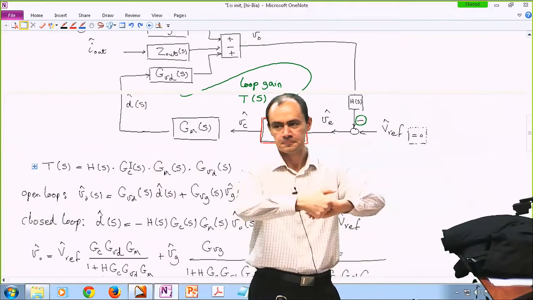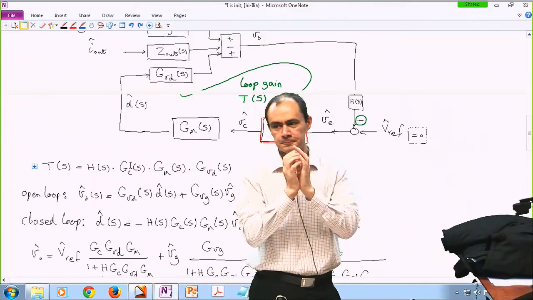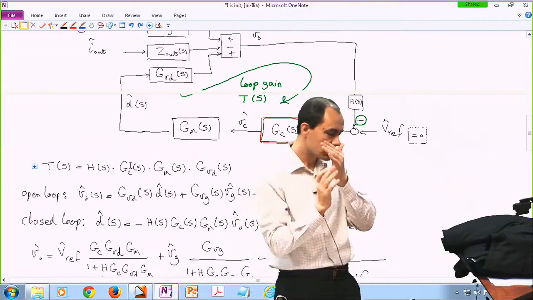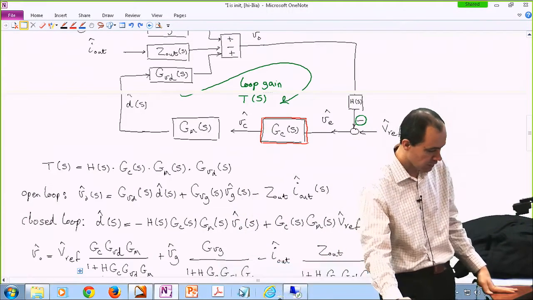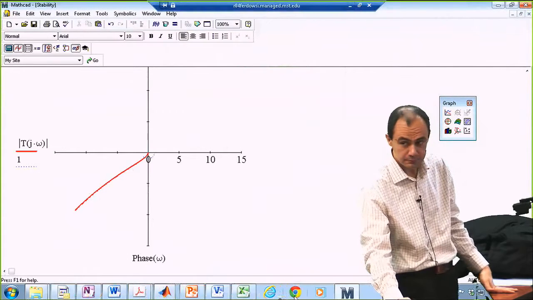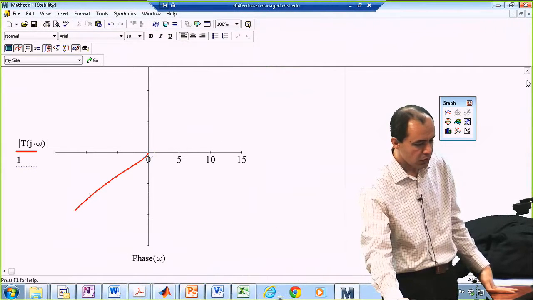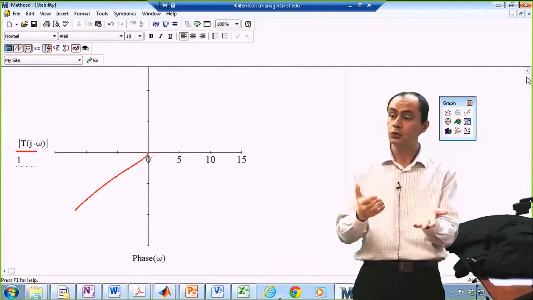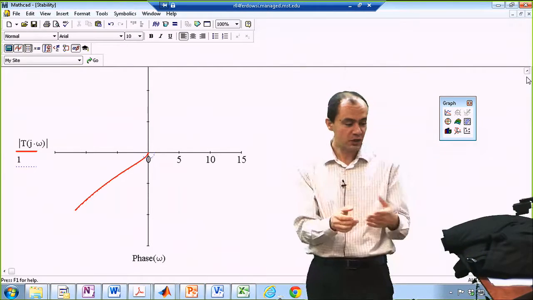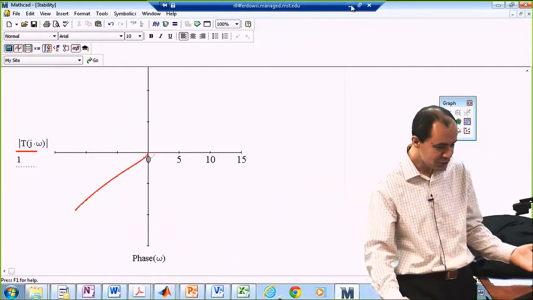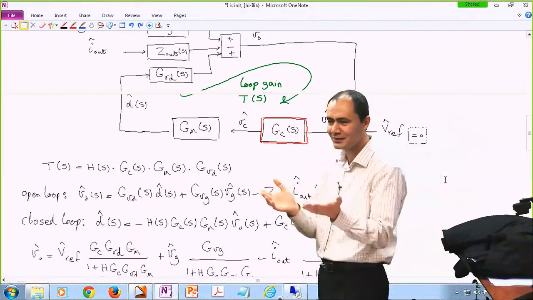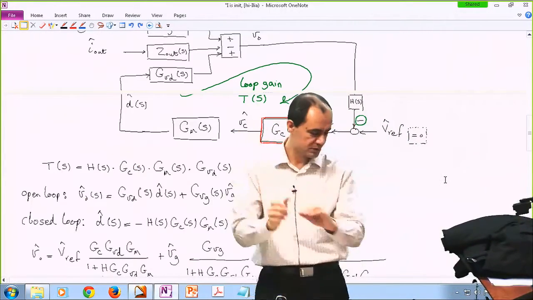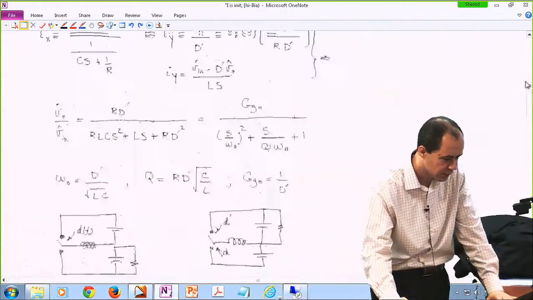Yes? Could you just cover how to calculate omega z, like the right half plane zero? Oh, how to calculate it. This system did not have an omega z. There is not a procedure to calculate it. You develop the transfer function and some zero appears.